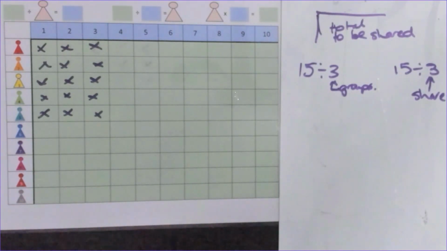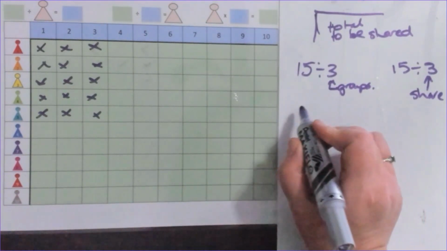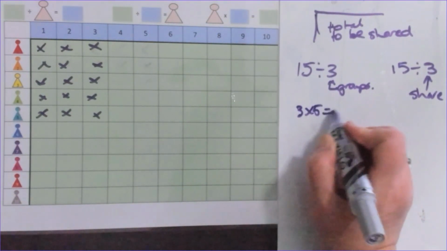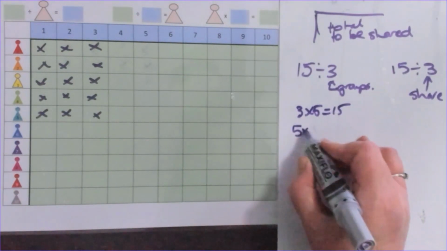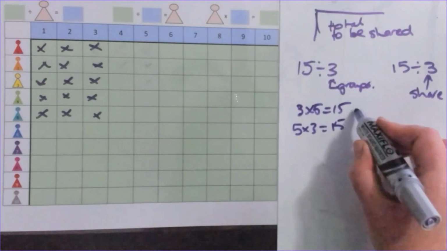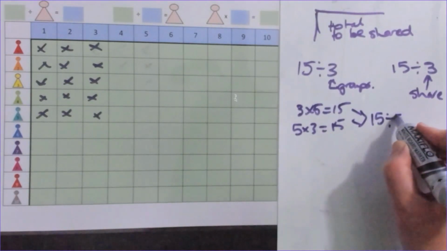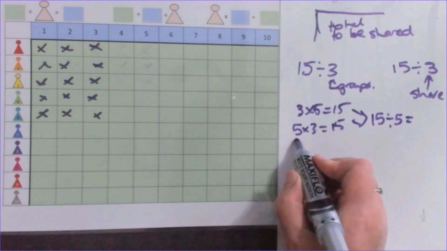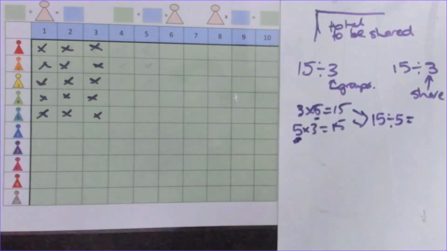All right. The whole thing with division is, if you've got 3 times 5 equals 15, right? And 5 times 3 equals 15. When you go to say 15 divided by 5, is it coming from the number of groups, or is it coming from the size of the share?